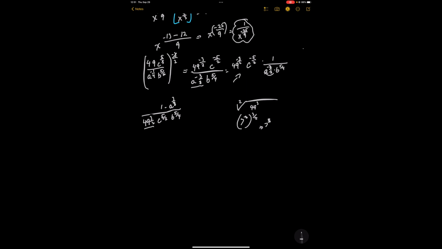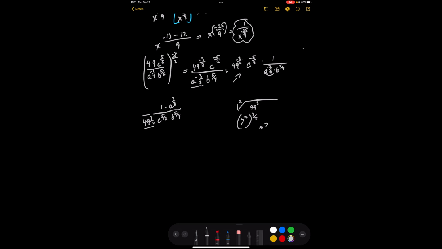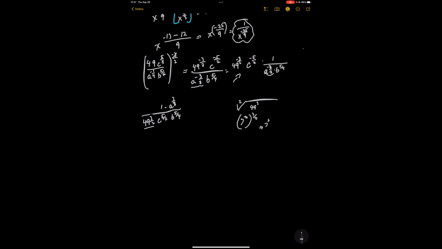And what is 7 cubed? 7 cubed is basically 7 times 7 times 7. So that's going to be 49 times 7.